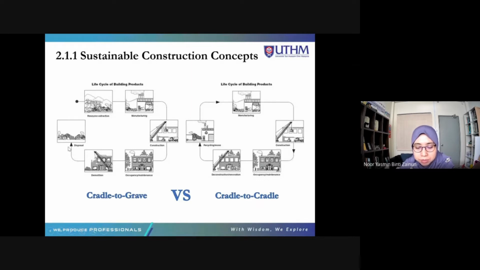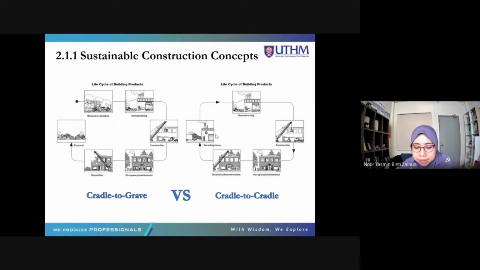However, in sustainable construction design, we want this new formula, which is the cradle to cradle concept, where the disposal will be recycled and reused and become the resources for manufacturing. Okay, yang bahan-bahan yang terbuang tu, disposal daripada akhir produk kita tu, kita nak guna balik.